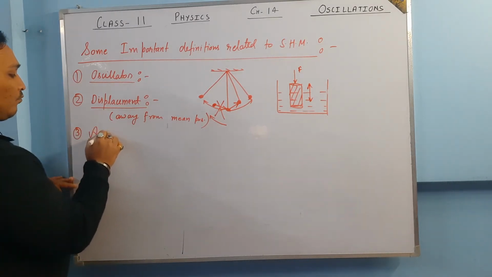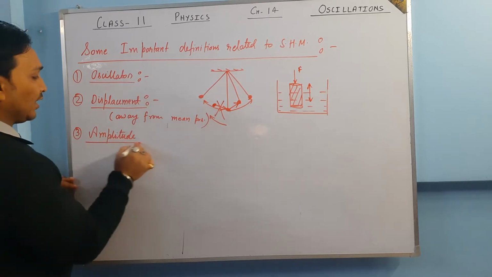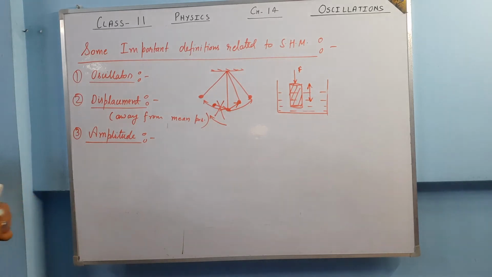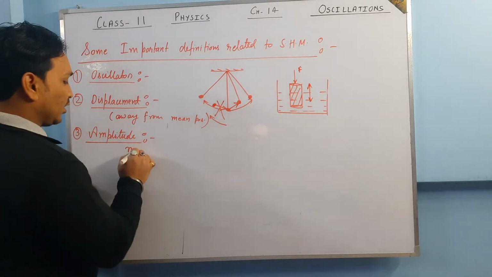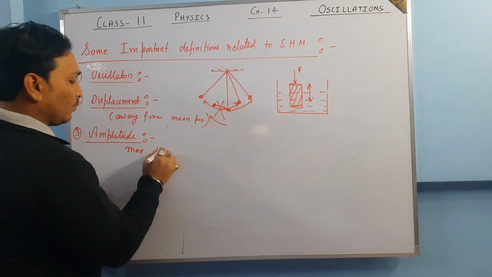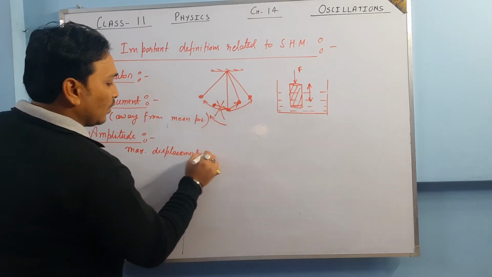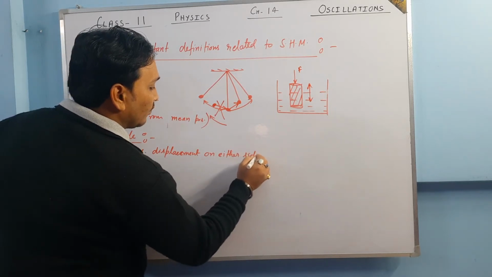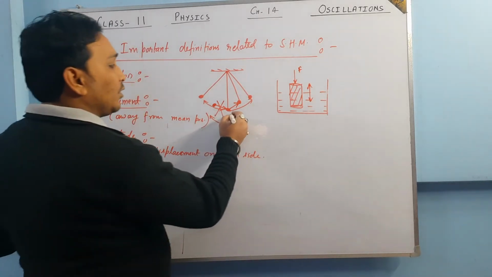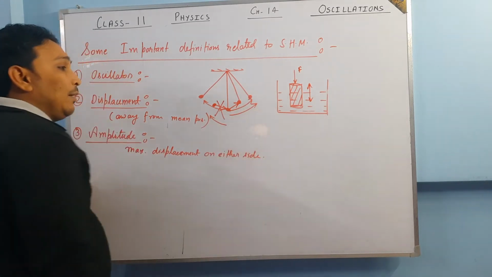Third thing is amplitude. What is amplitude? Amplitude is the maximum displacement on either side. Suppose this pendulum is going maximum to this position, so this displacement is called amplitude.